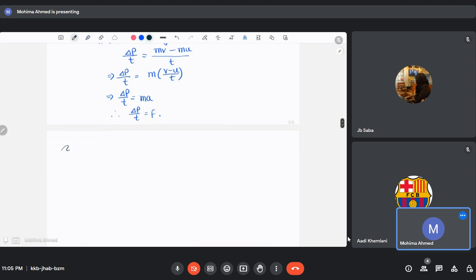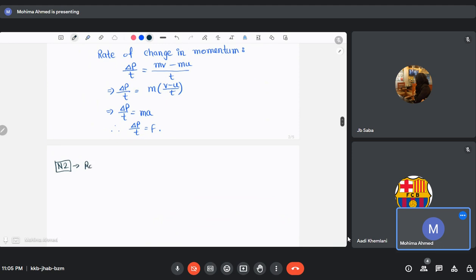We just write this down over here as N2. Rate of change of momentum is equal to the force applied on that object.